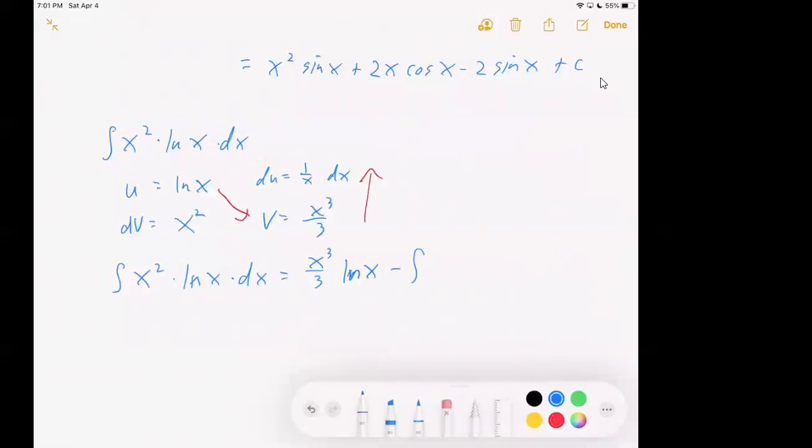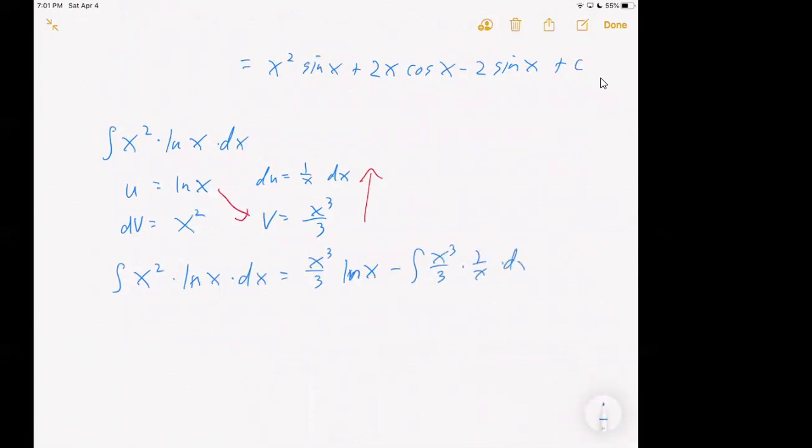So if I zig and zag, I now have x cubed over 3 times 1 over x dx. And you can see how the integral simplifies. I'll bring the 1/3 out. We're left with an x squared. All right. And then we'll have a dx.